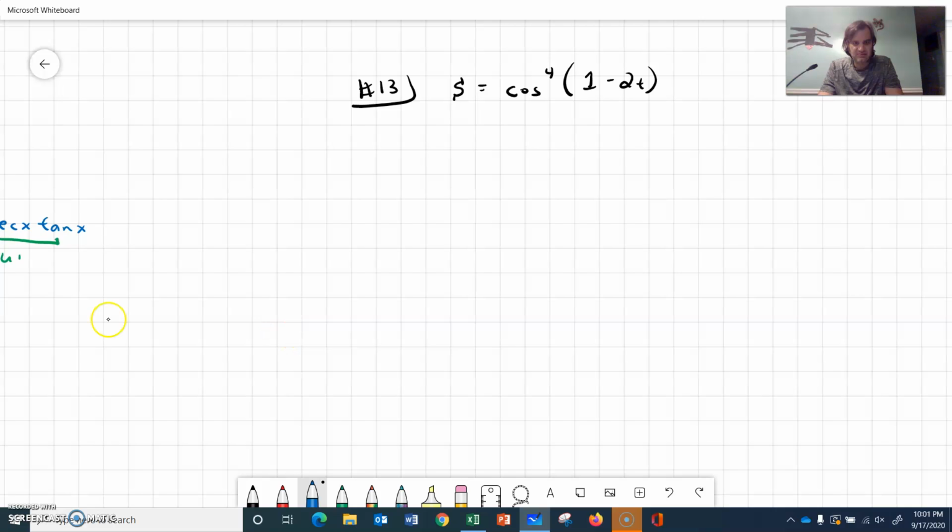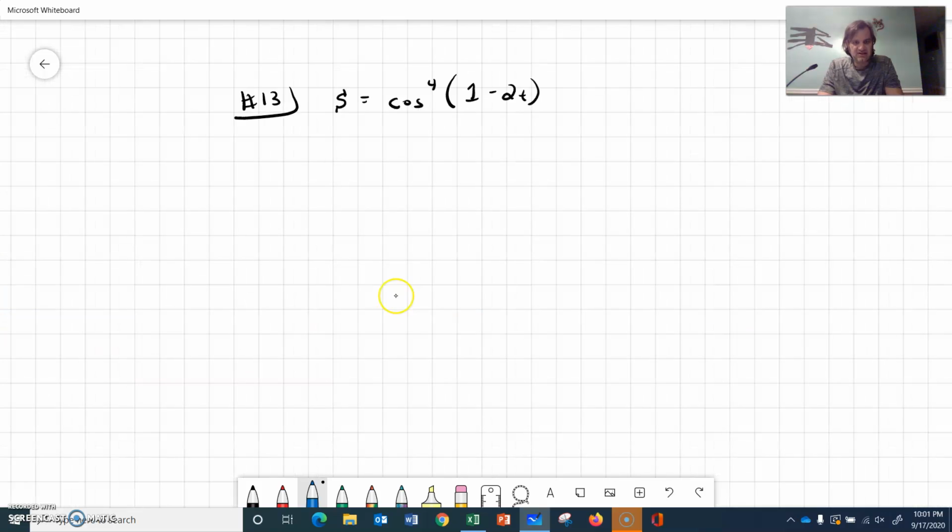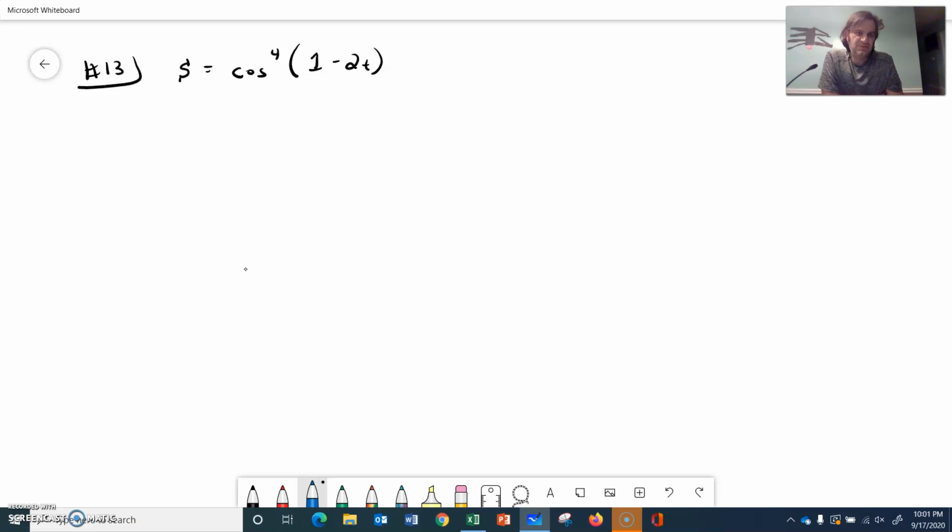So where am I going? Going to the right. Alright, so my next problem is 13, which is the function s equals cosine to the 4th of 1 minus 2t. So let me rewrite it first of all. It'll be s equals, I'm going to use some different colors here, the cosine of 1 minus 2t, and that will all be raised to the 4th.